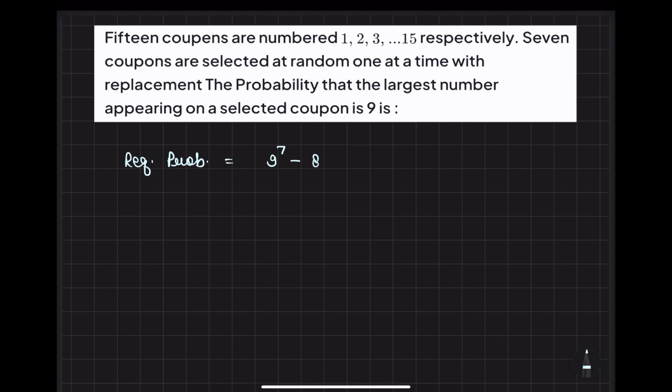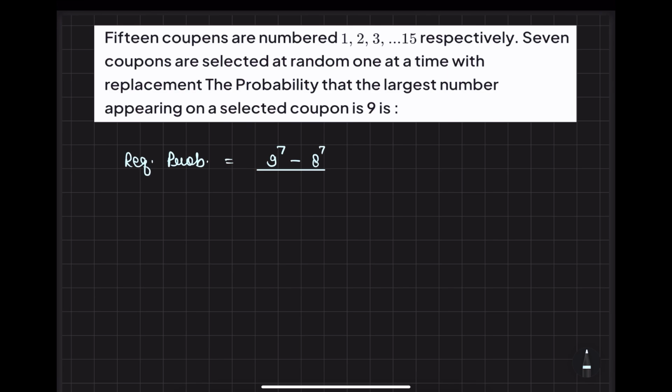So in the first choice 8, second choice 8, third choice 8 dot dot dot, seventh choice 8. So this is 8 to the power 7, the favorable outcome, means you have removed all the cases in which you have selected a number less than or equal to 8.